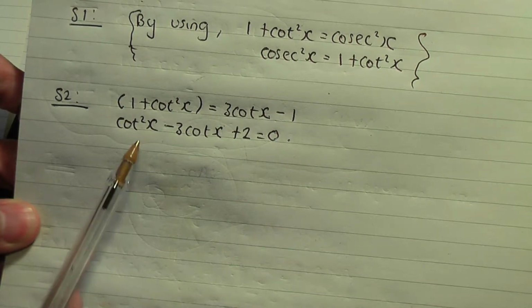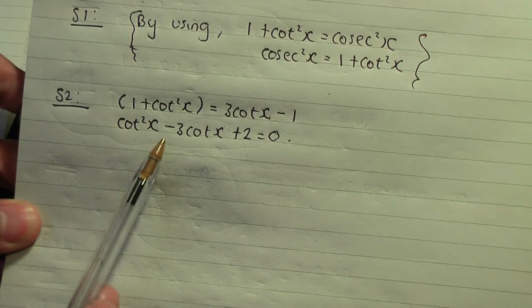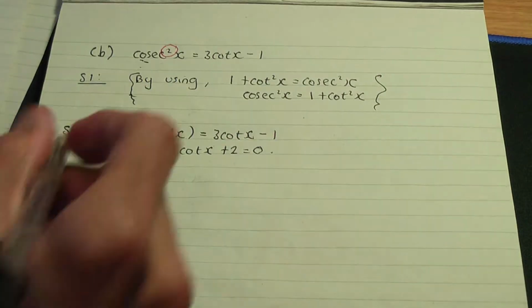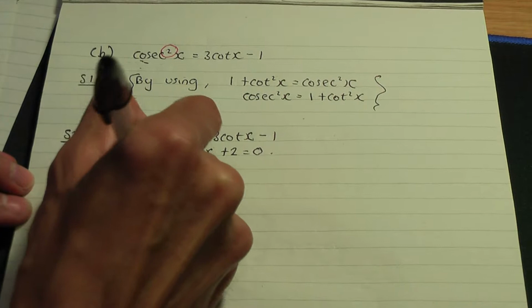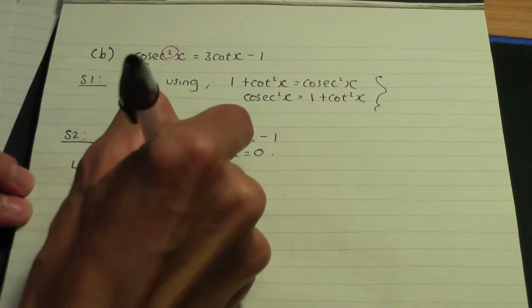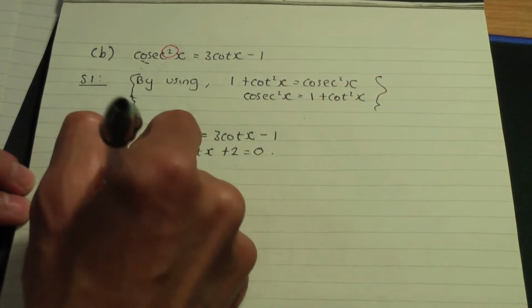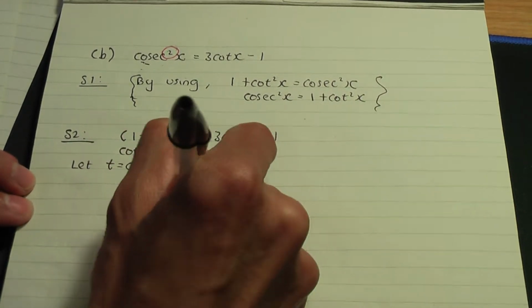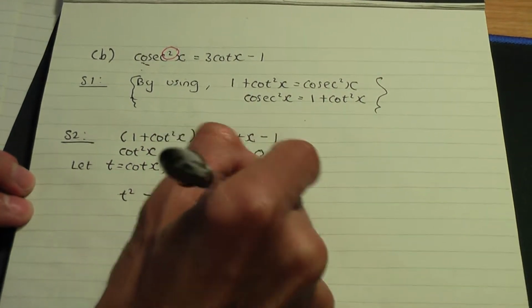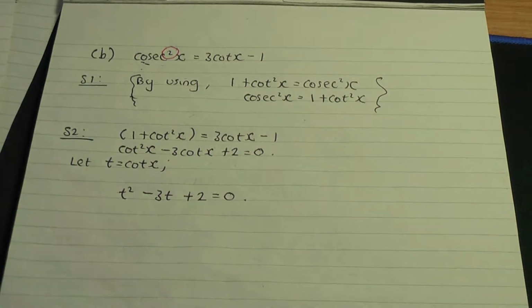So let t equals cot x, and if I do that, I get t squared minus 3t plus 2 is equal to 0. So I have a quadratic.